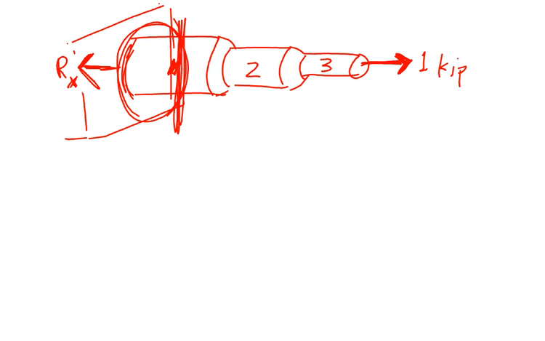And the force at the cut is going to be the internal force that's in 2. Well, here's a problem. If I try to just look at 2 by itself, I know it's in equilibrium, right? But do I know what the force is acting on the left-hand side and what the force is acting on the right-hand side? I do not.